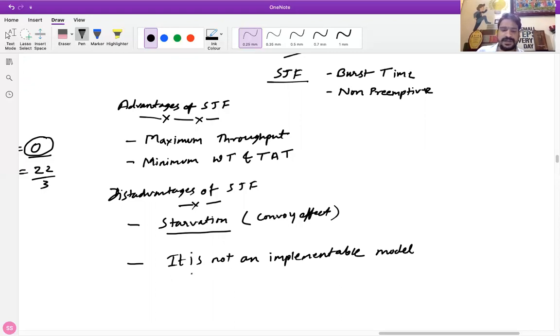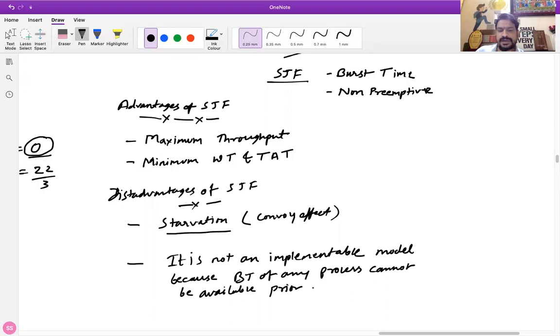We cannot actually implement it in the real world, because the burst time of any process cannot be available prior to the execution.